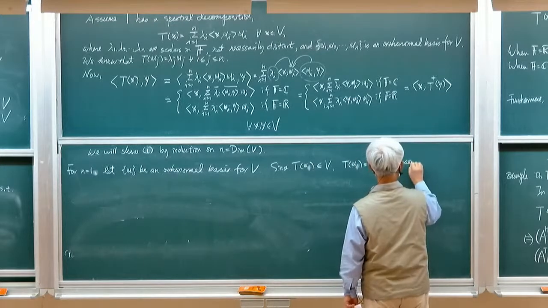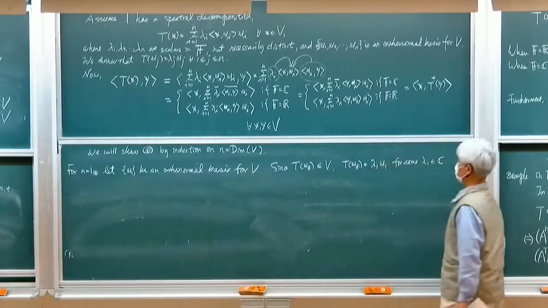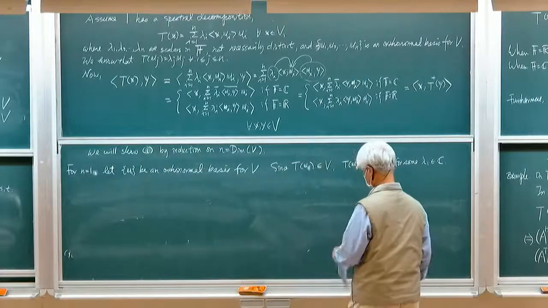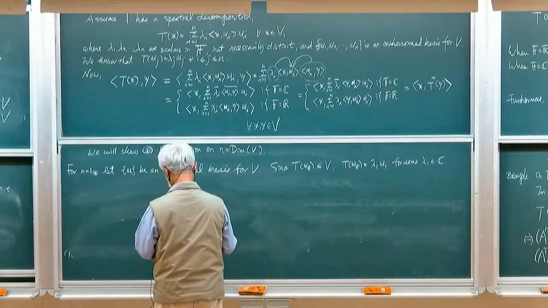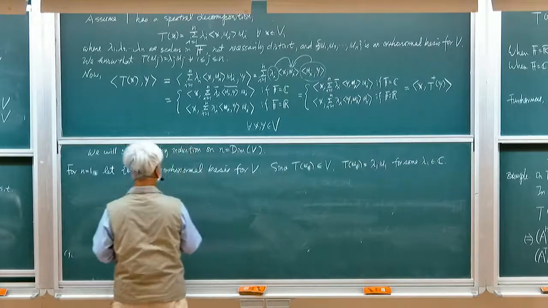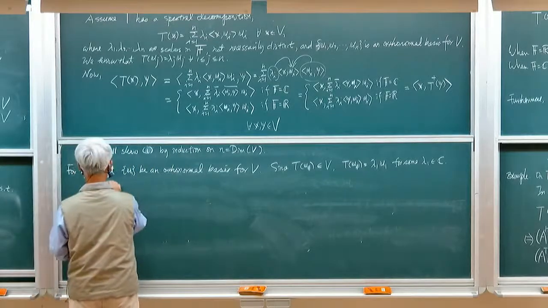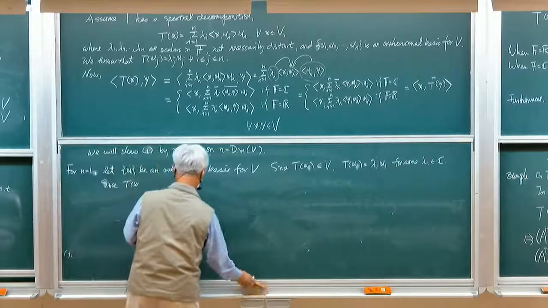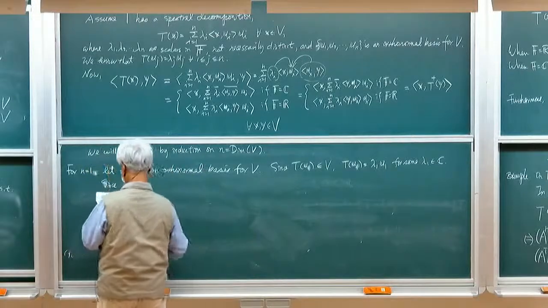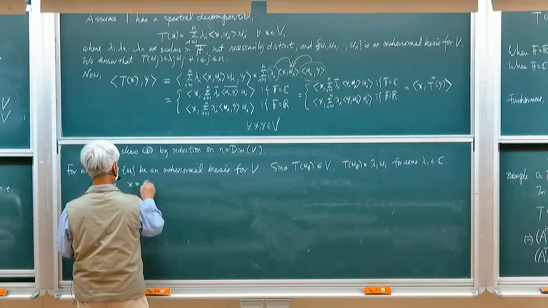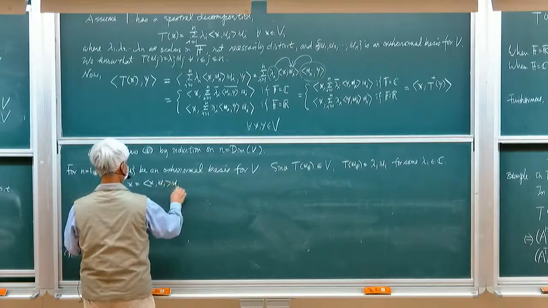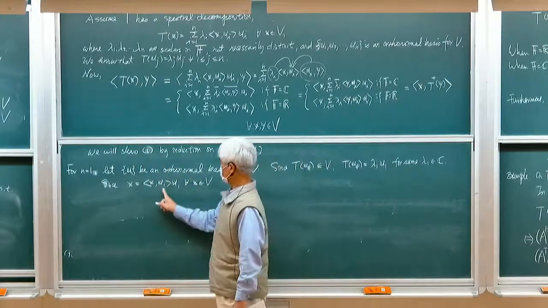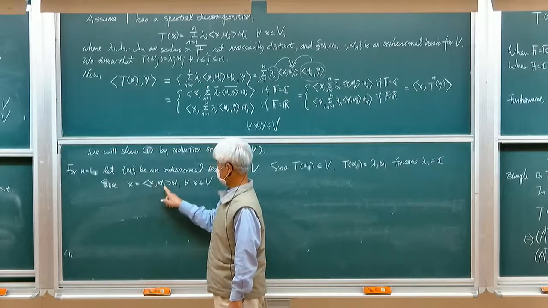For some scalar lambda 1. And x is equal to the inner product of x and u1 times u1, for x in V. The scalar is actually the projection.